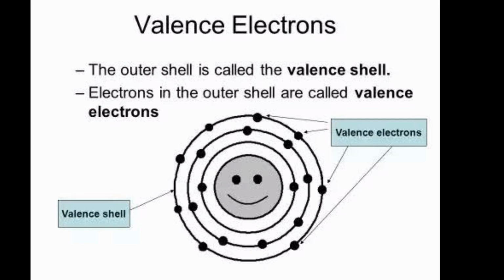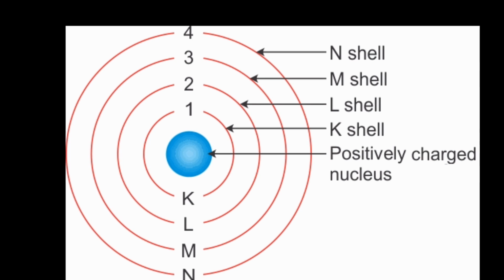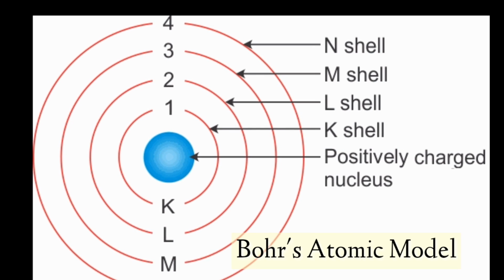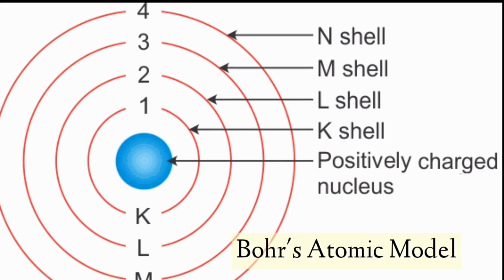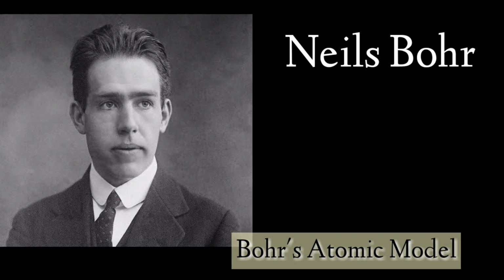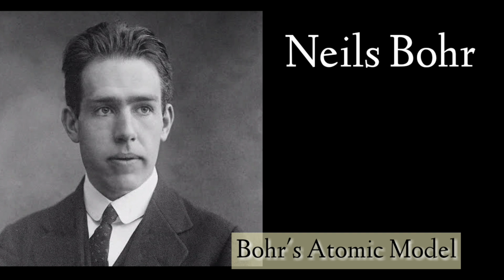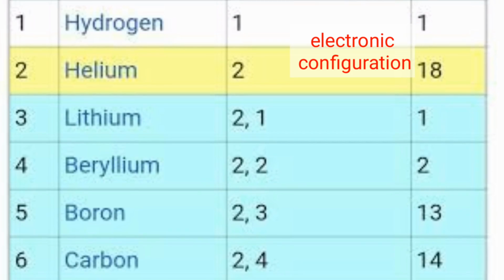Here we see that the innermost shell is called the K shell, followed by L, M, N according to their energy levels 1, 2, 3, 4. Who gave this idea? Niels Bohr was the first person to describe it, which is popularly known as Bohr's model.